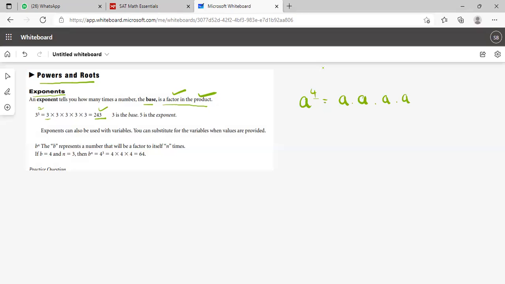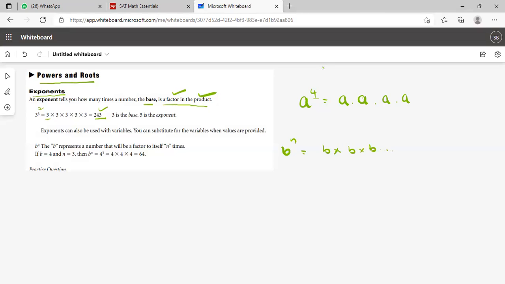Exponents can also be used with variables, just like this example. You can substitute for the variables when values are provided. Okay, b to the n. The b represents a number, let's say 2, that will be a factor to itself n times. Obviously at the moment we don't know what n is.